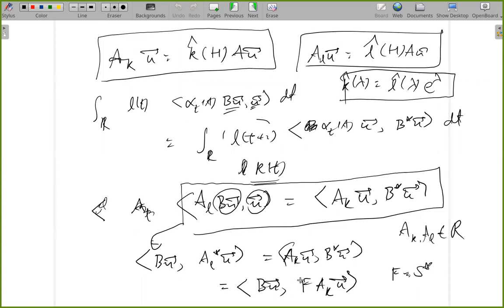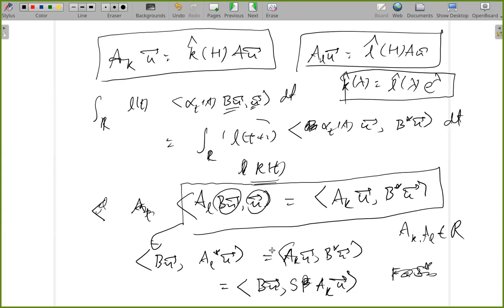Yeah, so this is exactly right. I'm not sure why I wrote S star here, but this is exactly the same as S AK. All I'm doing is applying S on both sides. Now you notice that as I vary my B, this equality will still hold.